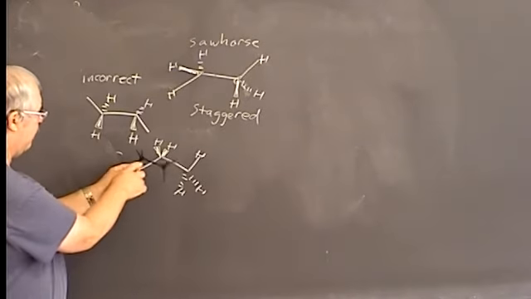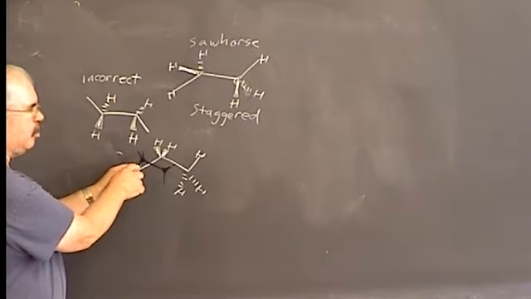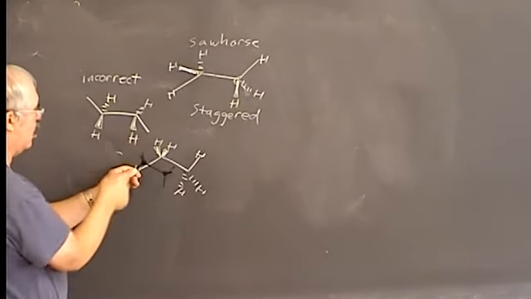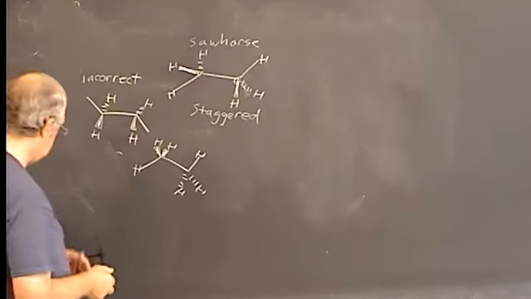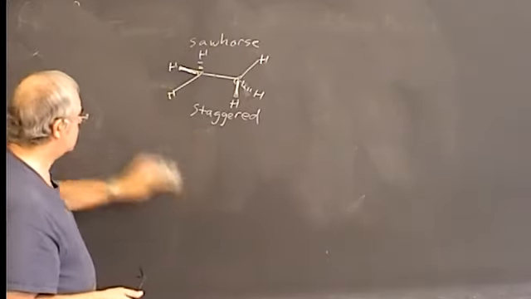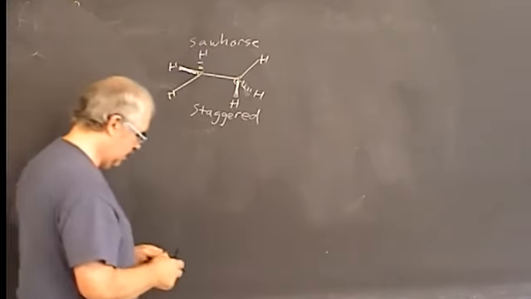If we have this hydrogen in the plane of the board, it's not possible for both these hydrogens to be coming forward. One has to come forward, one has to go back. So these are both incorrect representations. That's the staggered.